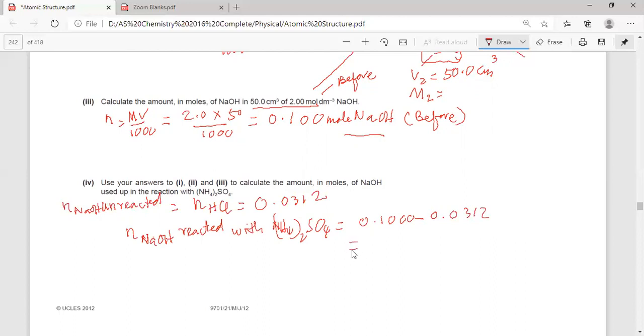How much is it equal to? It's equal to 0.0688 moles of NaOH reacted with your ammonium sulfate.